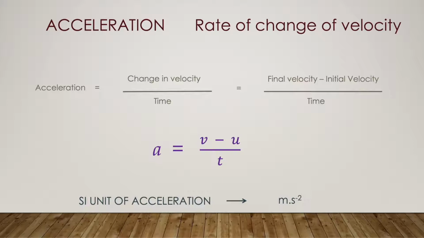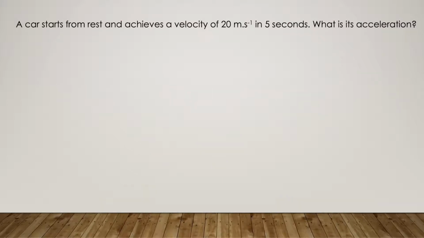Now let's understand the concept of acceleration with an example. A car starts from rest and achieves a velocity of 20 meters per second in 5 seconds. What is its acceleration? We use the formula a equals (v - u) / t and replace the values, and we get the acceleration as 4 meters per second square.